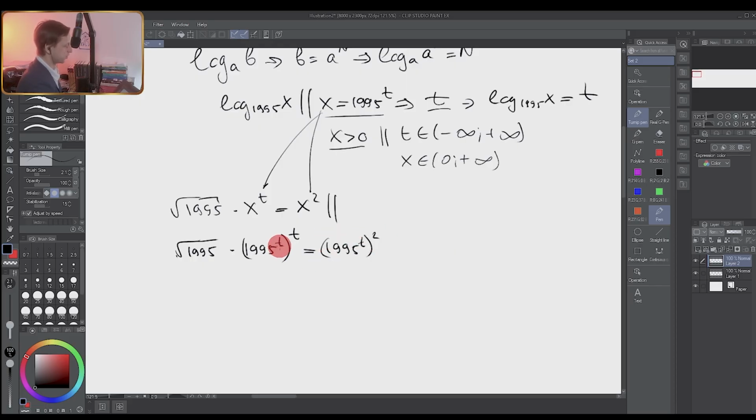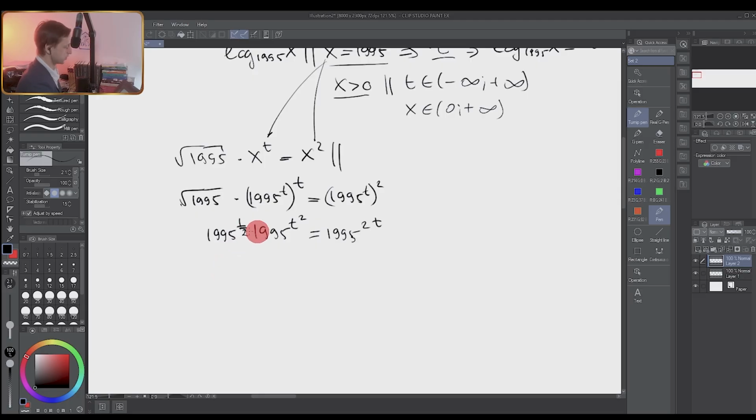Just remember, when you have a power in a power, the powers are multiplied, so you will have 1995 to the power t squared, because it's t times t. And this square root is nothing but 1995 to the power of 1 over 2. And on the right side, we will have 1995 to the power of 2t, since these powers are multiplied.